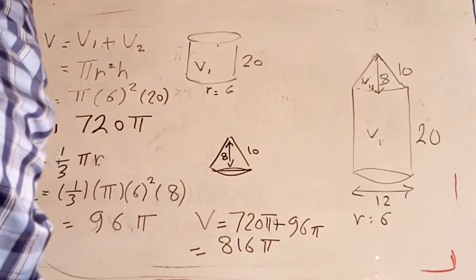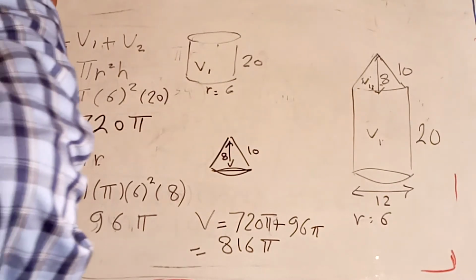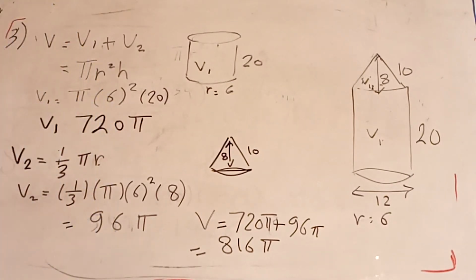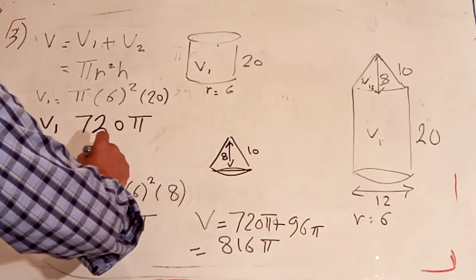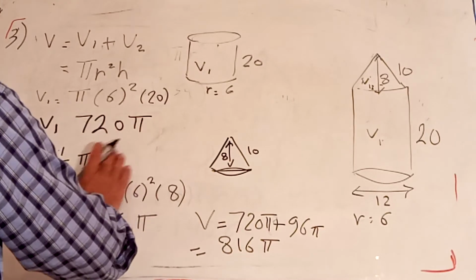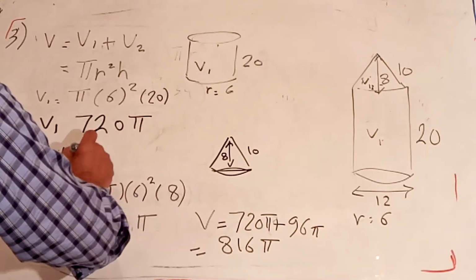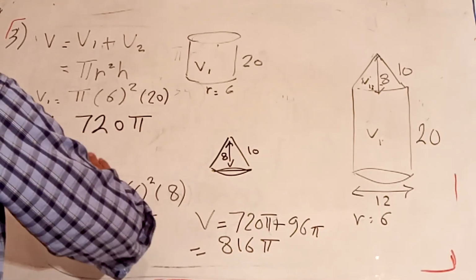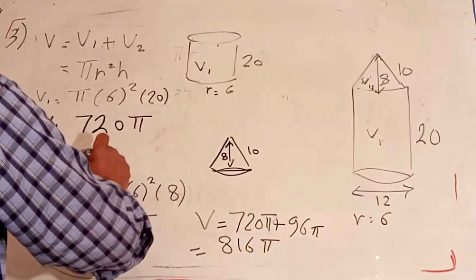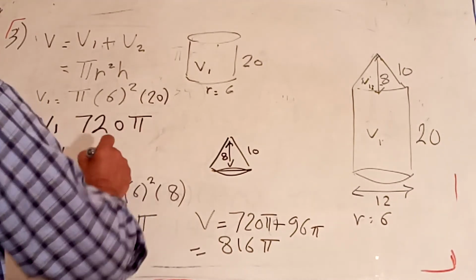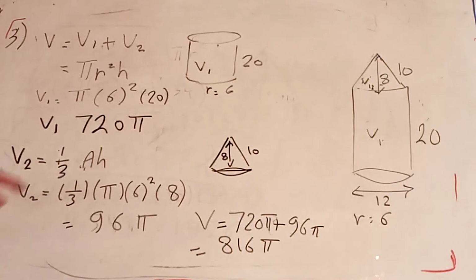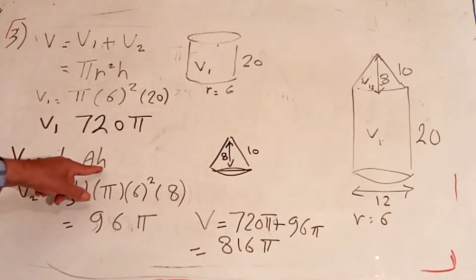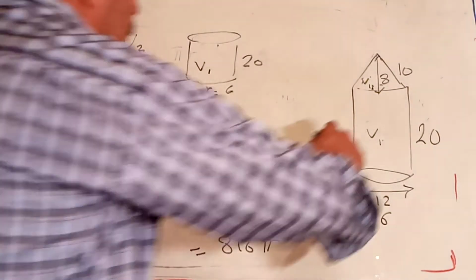We agreed that the cone, its volume is 1/3 times the area times h. So V2 is equal to one third, A, pi r squared, h. One third multiplied by the area multiplied by h, the height of the cone.